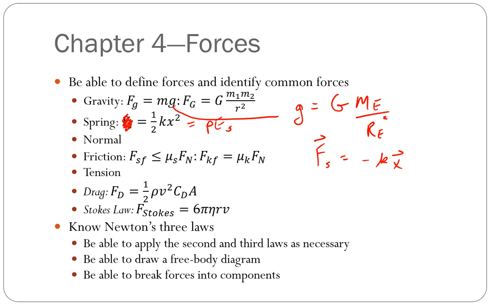What's the minimum mu? That means you're going to have force static friction equals mu static force normal. So keep that in mind looking at the words. We're almost always going to ask for a limiting condition to say, okay, when the force static friction is equal to mu s force normal, then what?